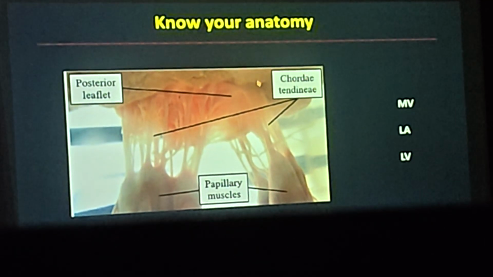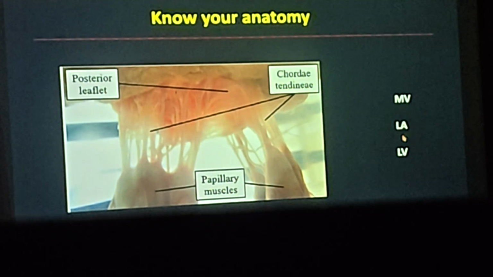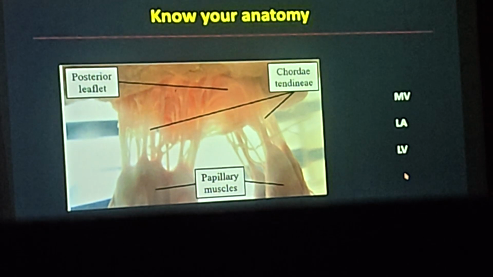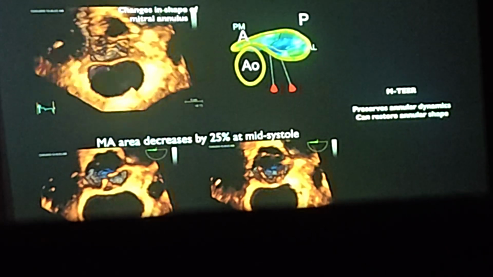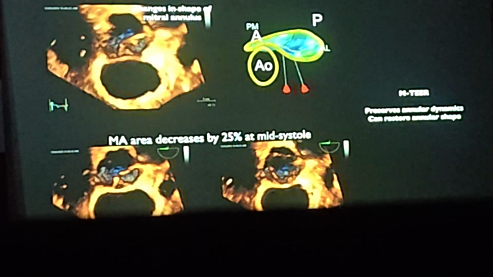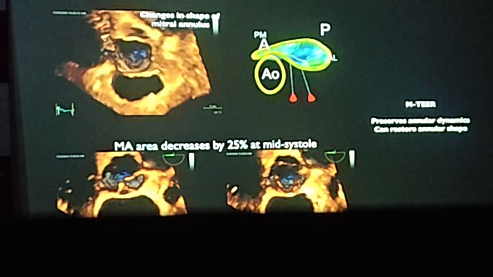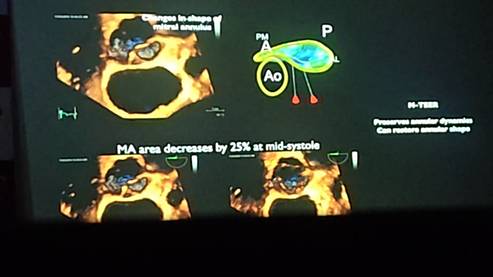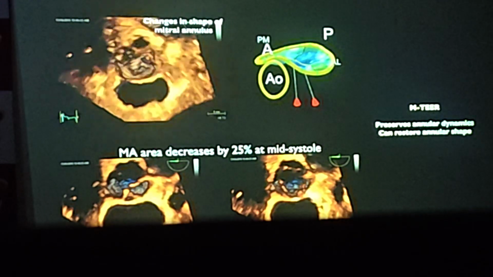And when it comes to the mitral valve, it's not just the leaflets and chordae, we are also looking at the two chambers, so the left atrium and the left ventricle, they have their own impact on how the MR happens in terms of mechanism. And then just a slide about the dynamics of the annulus itself. So there's a lot of annuloplasty effect when the clip is put in place. It brings the annulus on either side closer, and this helps to a large extent.